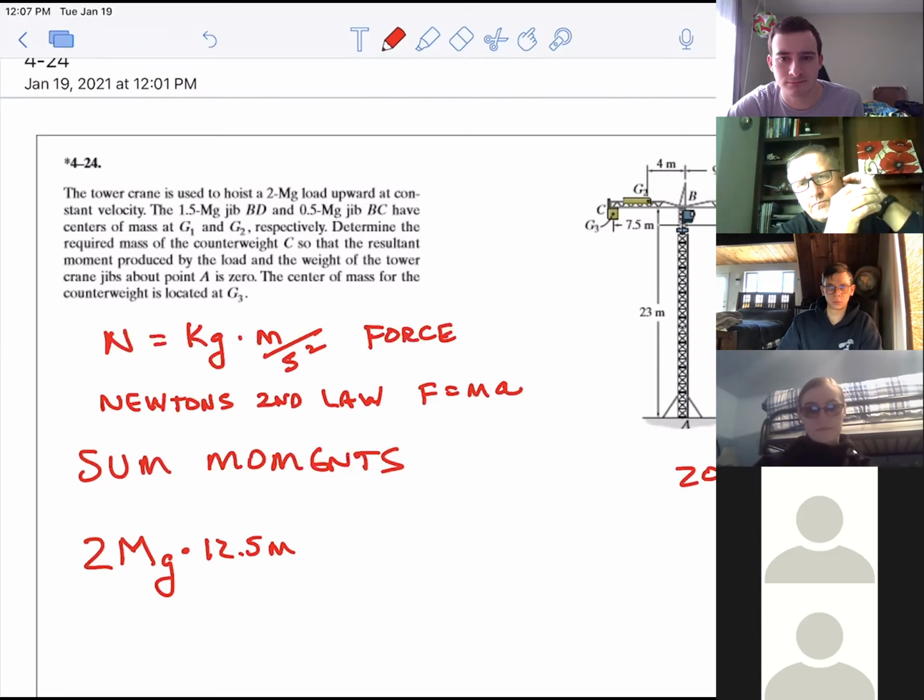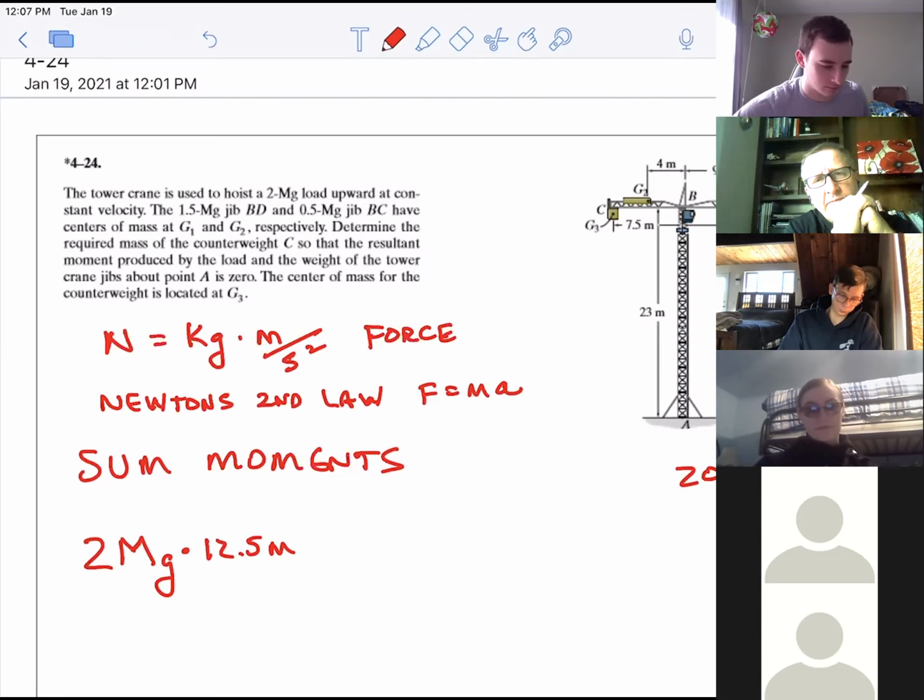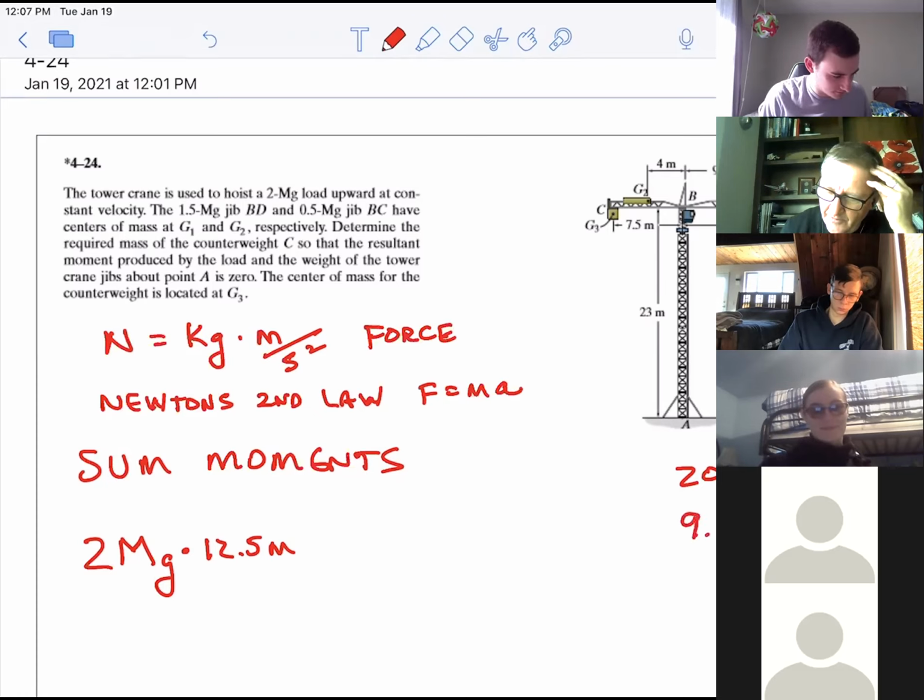Chapter 1. What is it? You should know it from physics. If you don't have this memorized, I'm going to call Dusty and tell him to lower your grade. 9.8 meters per second squared. Yeah. In this class, in chapter 1, though, because we're working to 3 significant digits, it's 9.81, which is a little more accurate.